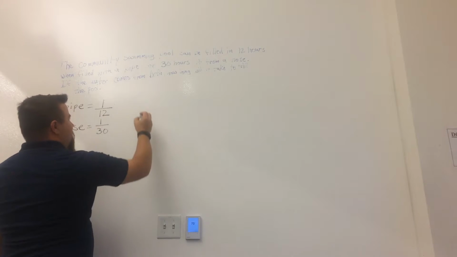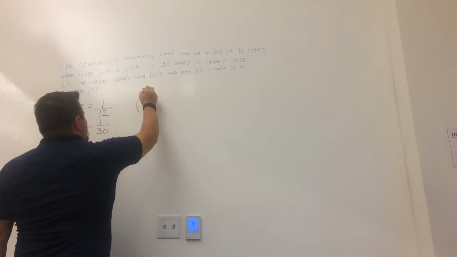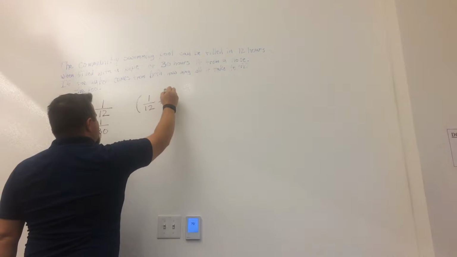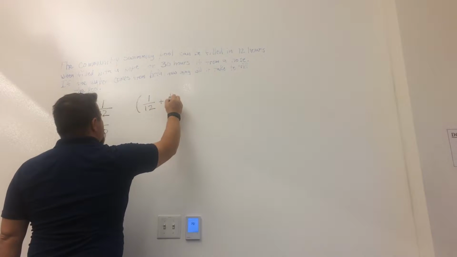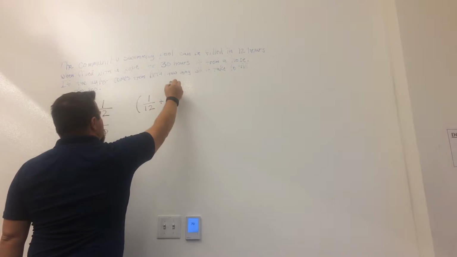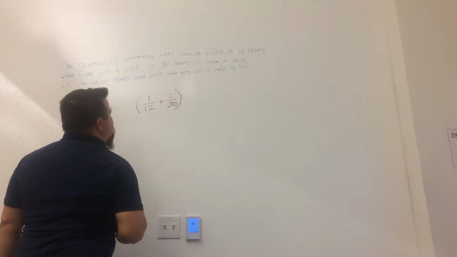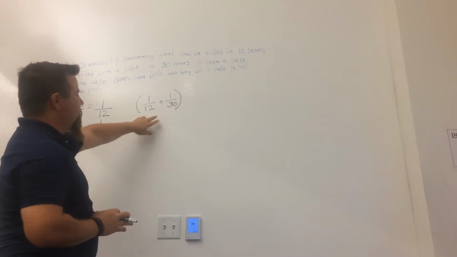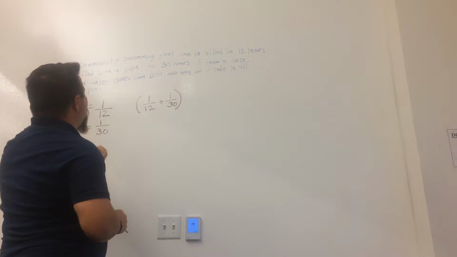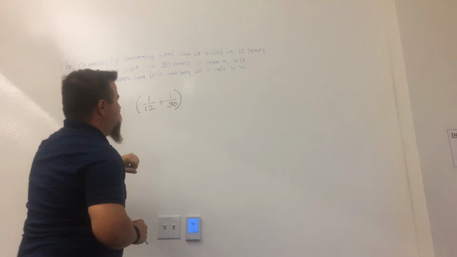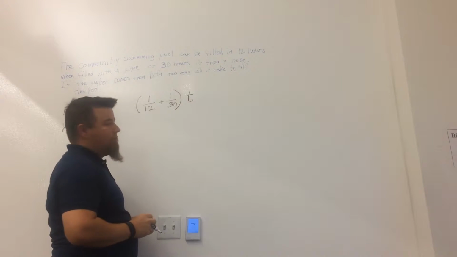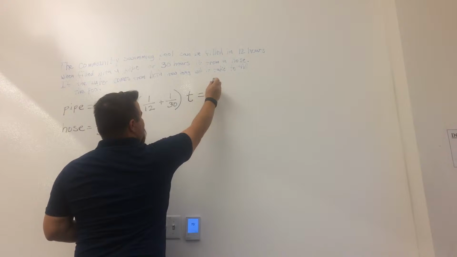So then if we take and add them both together, and then we want to know, because they're working together, how much time it takes to equal the one job.